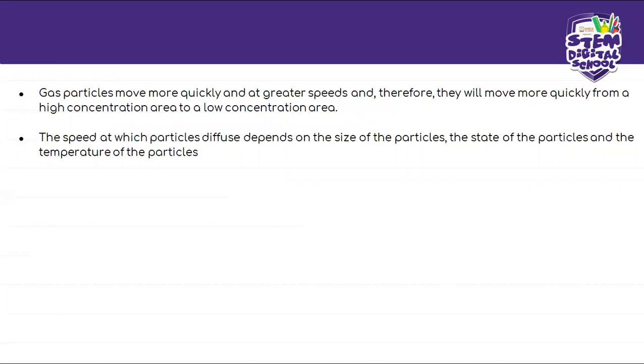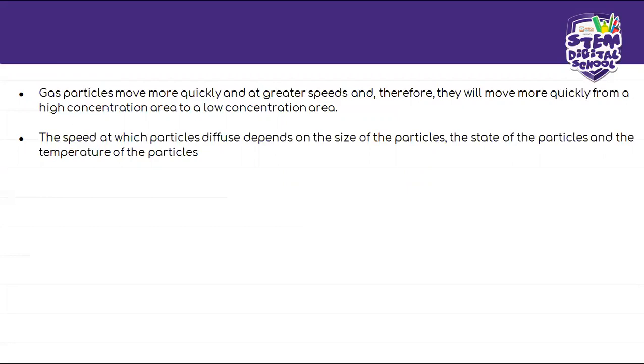So when we are talking of the movement of particles from a region of higher concentration to a region of lower concentration, there are certain factors that determine the speed at which the particles diffuse. One of them is the size of the particles. If the particles are small, then they will diffuse faster.